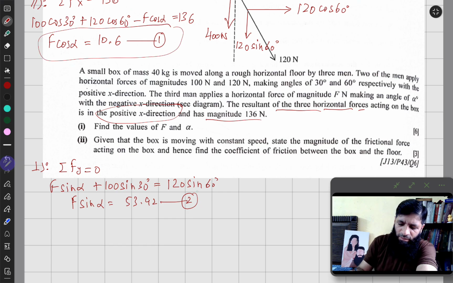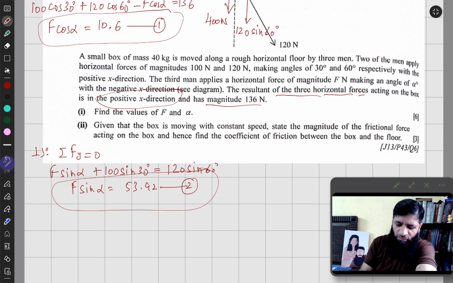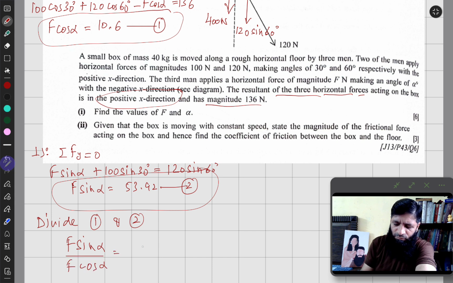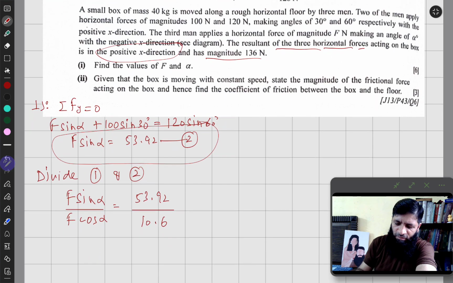This is equation 1 and this is equation 2. If you divide these two equations, divide 1 and 2, you will have F sin alpha divided by F cos alpha, and that will be 53.92 divided by 10.6.